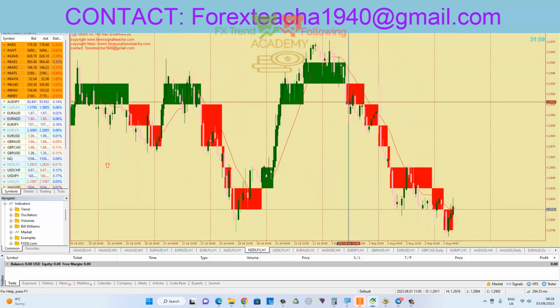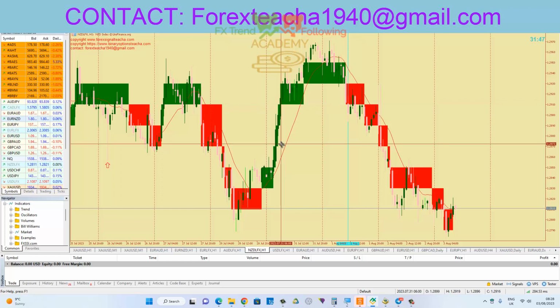If I go back to check a previous signal, which was this one right here, it was generated on 28 July at 11 p.m. So it seems like we have a lot of 11 p.m. signals.